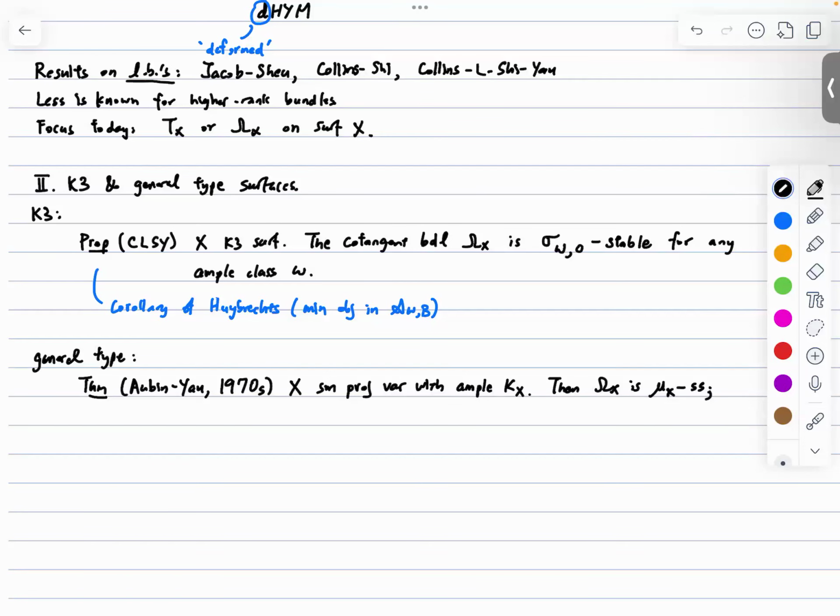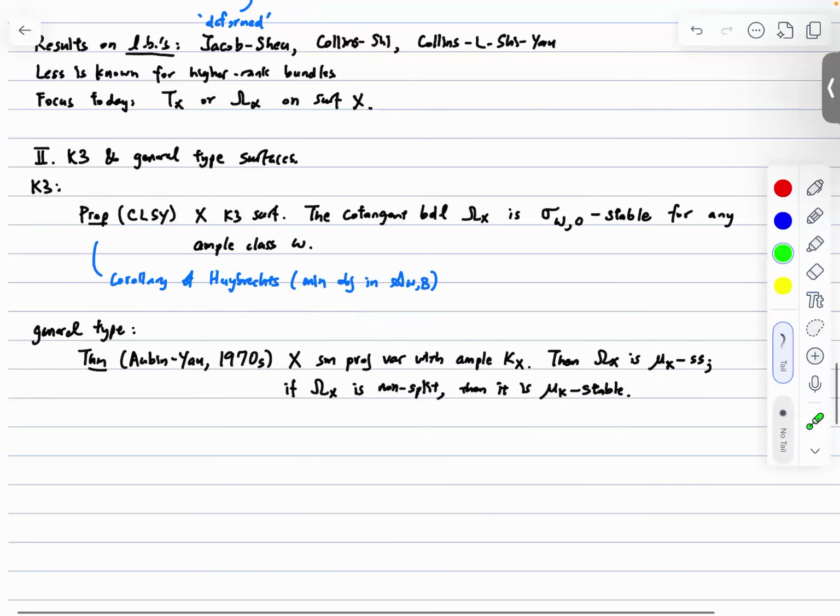And if you know that the cotangent bundle is non-split, so if it's not the direct sum of two line bundles, then we actually know that it's slope stable with respect to the canonical class.